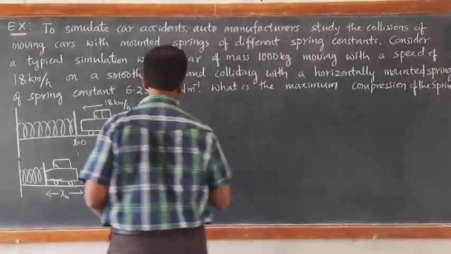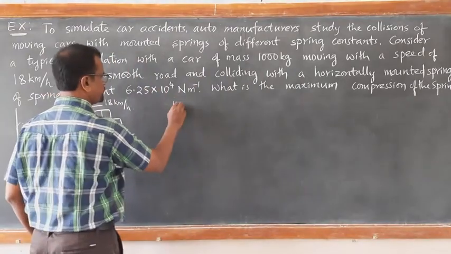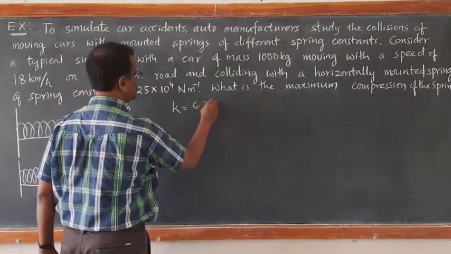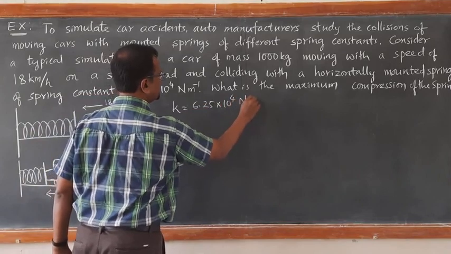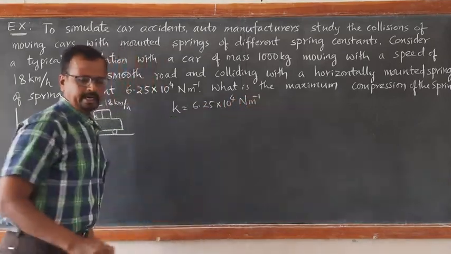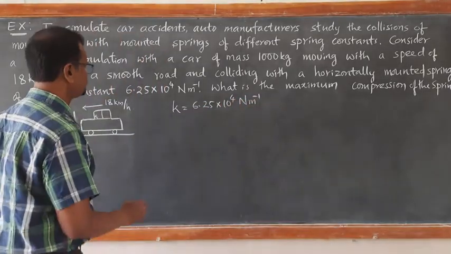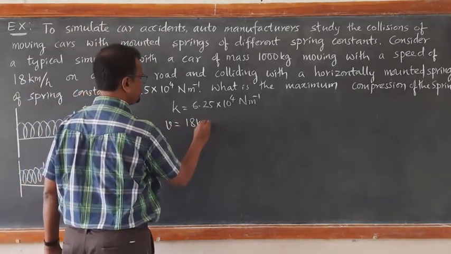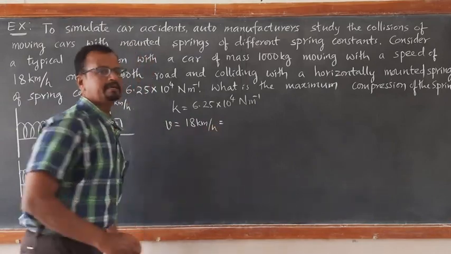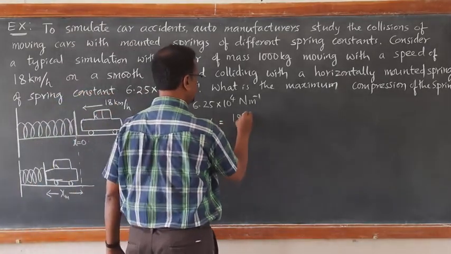Now let us write what are the given things. Here spring constant K is equal to 6.25 into 10 to the power of 4 Newton per meter. And initial speed of the car is 18 km per hour. We must convert this into meter per second: 18 into 5 by 18.